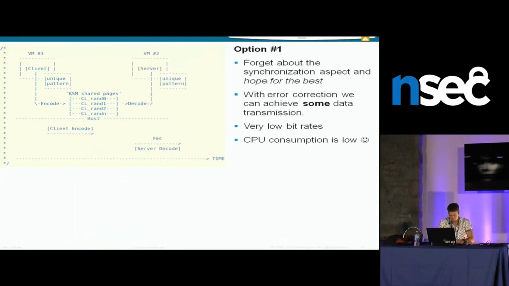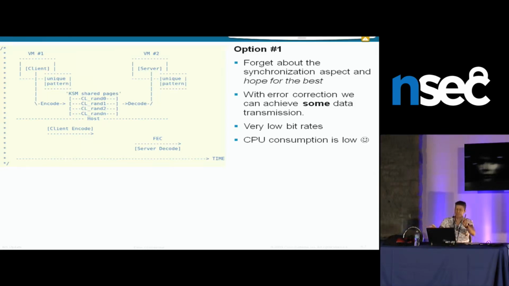Okay, there are a couple of options that I thought through. One of them is to forget all about the synchronization aspect, because it looks pretty complex to solve, and with error correction set to the roof, I can probably achieve some transmission.